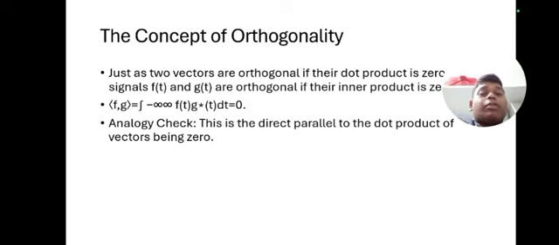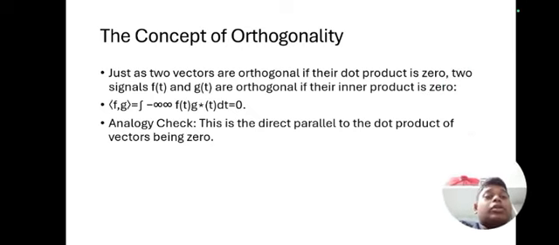The concept of orthogonality: just as two vectors are orthogonal if their dot product is 0, two signals f of t and g of t are orthogonal if their inner product is 0. That is, integral minus infinity to infinity f of t g star of t dt equals 0. Analogy check: this is the direct parallel to the dot product of vectors being 0.